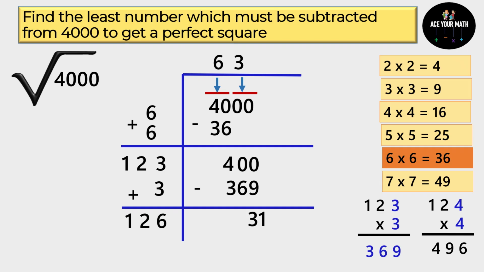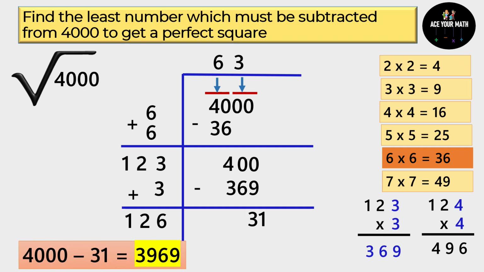When you are getting a remainder which is not 0, this shows that the number is not a perfect square. Now, how can you make this number a perfect square? You will subtract this 31 from 4000. So the new number formed is 3969. Now, the 63 which you get at the top, this 63 is the square root of 3969.